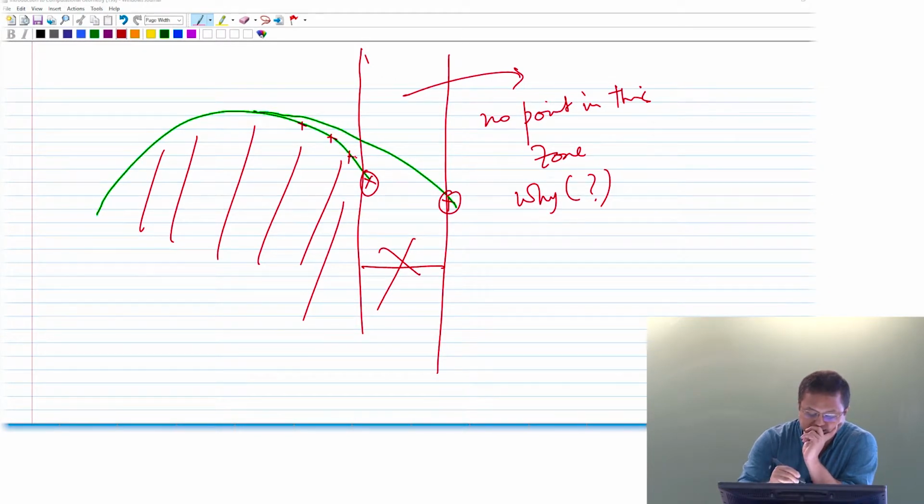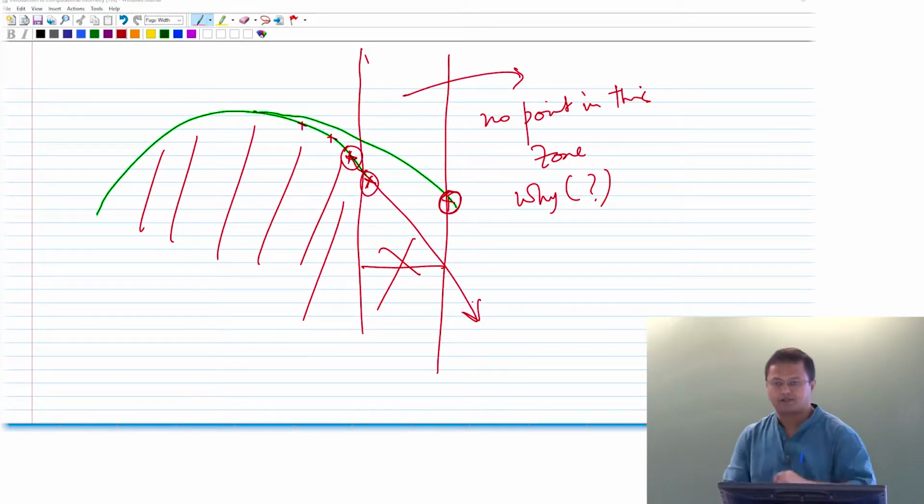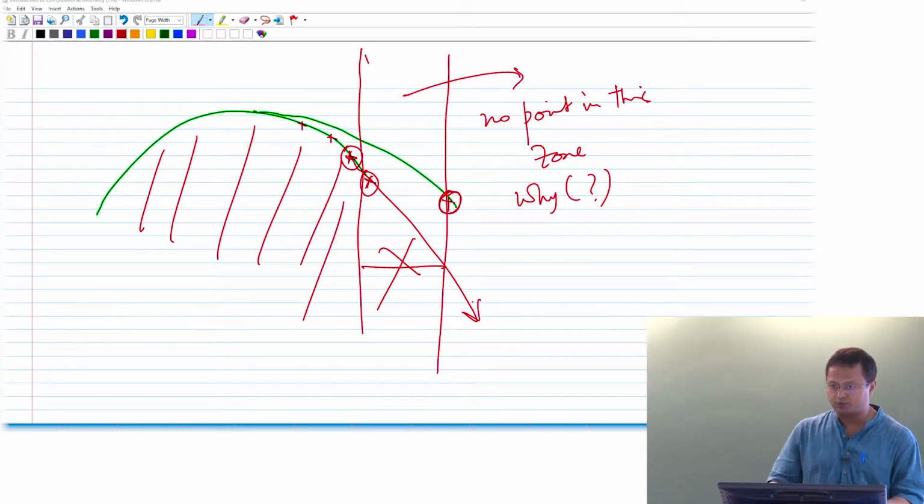Starting from this point, I look at its immediate preceding 2 points. So, this and this, okay. And I look at the line segment joining these 2 points.